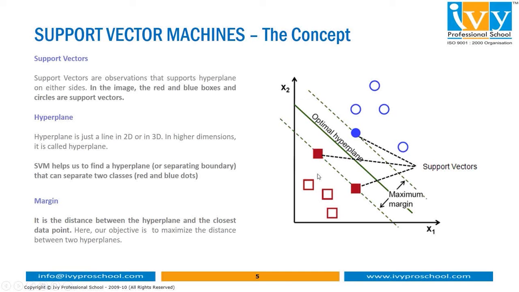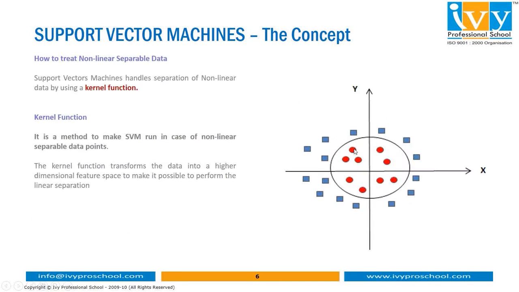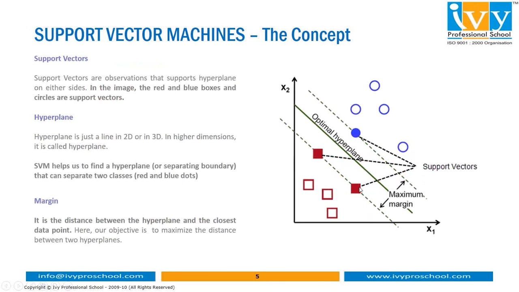So basically, a support vector machine tries to find this optimal hyperplane. This center line, and these points, are called the support vectors here, and the objective is to have the maximum margin, or the distance, between the red square and the blue circle.